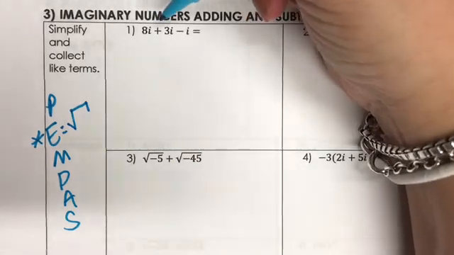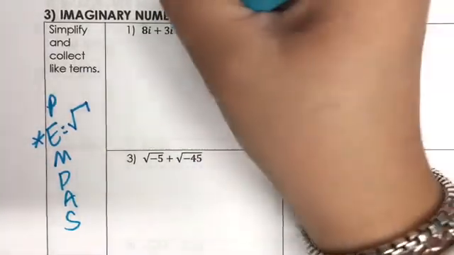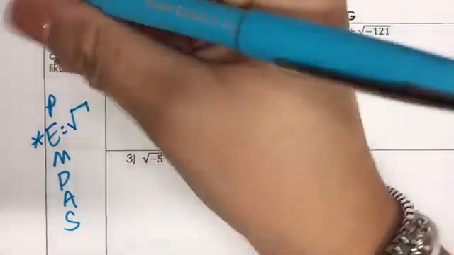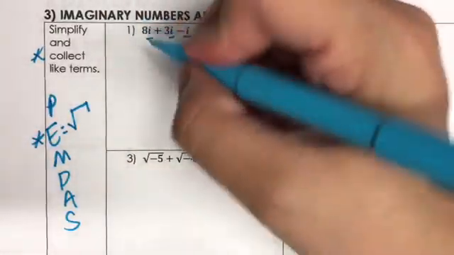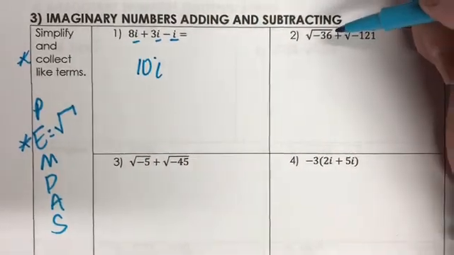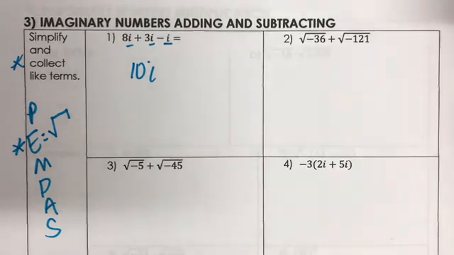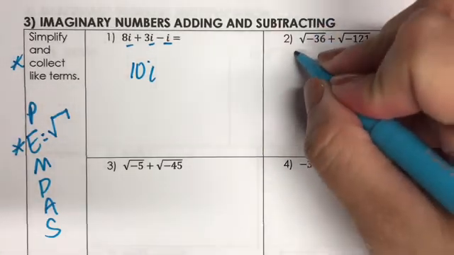So in this case, it's number 1, 8i plus 3i minus i. We're collecting like terms right here, and so it's going to be 10i. Right here, you're going to look at the square root of negative 36 plus the square root of 121. Let's go ahead and break this up.